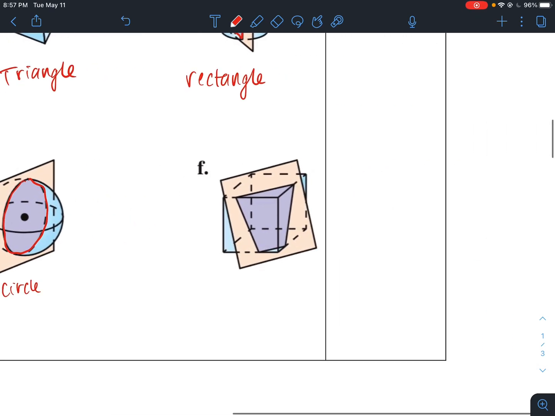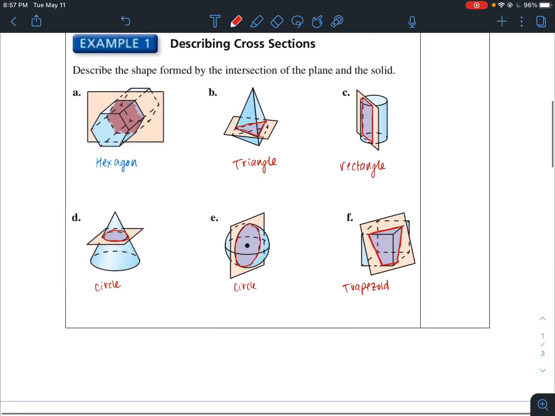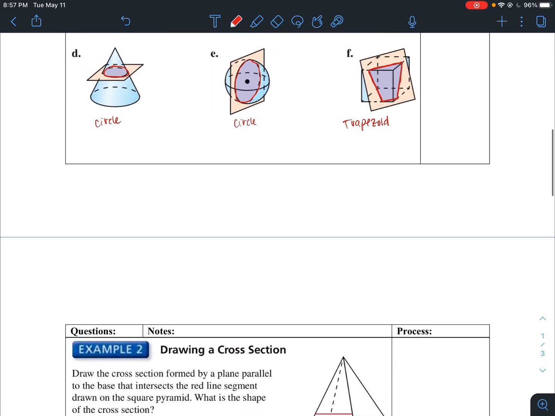And for F, outlining this one, that one looks like it's going to be a trapezoid. So the thing here is we're identifying the shape of the cross section.